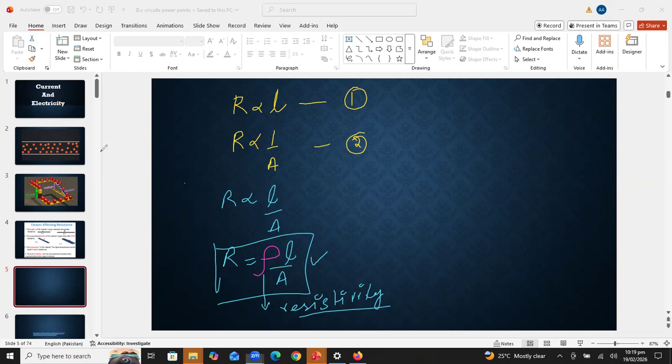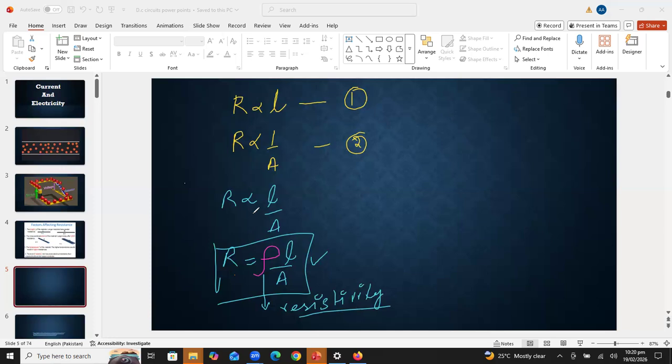What is the unit of resistivity? As I told you, resistivity is defined as resistance offered per unit length. It means how much resistance 1 meter length can offer. If I want to derive the unit of resistivity, we know the unit of resistance is ohm, length unit is meter, and area unit is meter square.